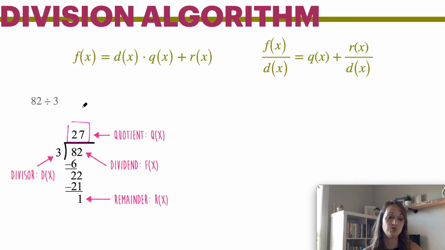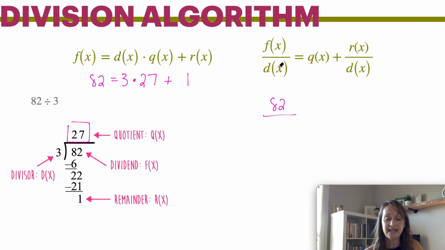Now there are 2 ways to write this. You could say 82, because that's f of x, equals the divisor, which is 3, times the quotient, which is 27, plus the remainder, which is 1. That is how you could write this division problem. If I write it in this other form, then again, the dividend, f of x, is 82.